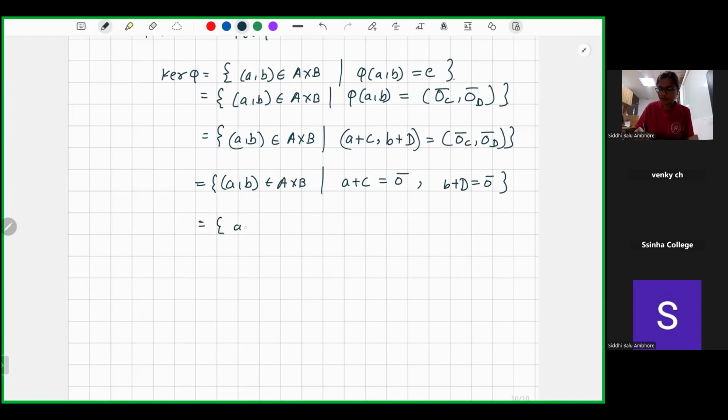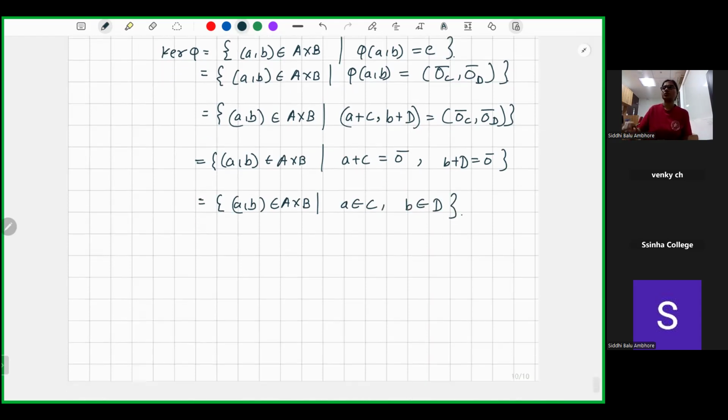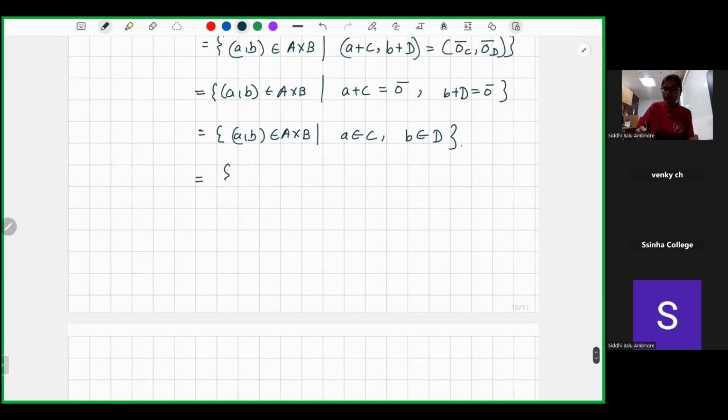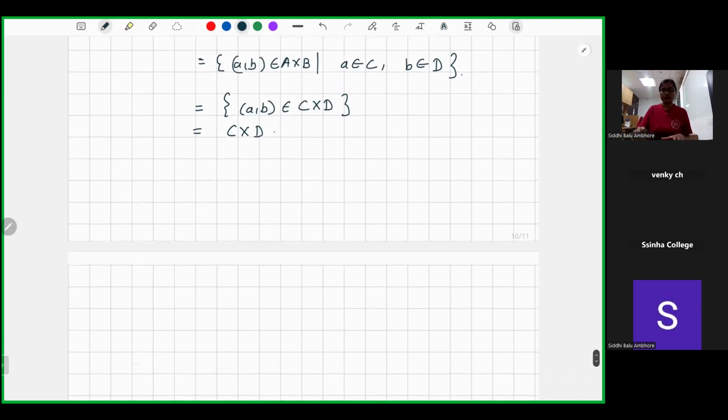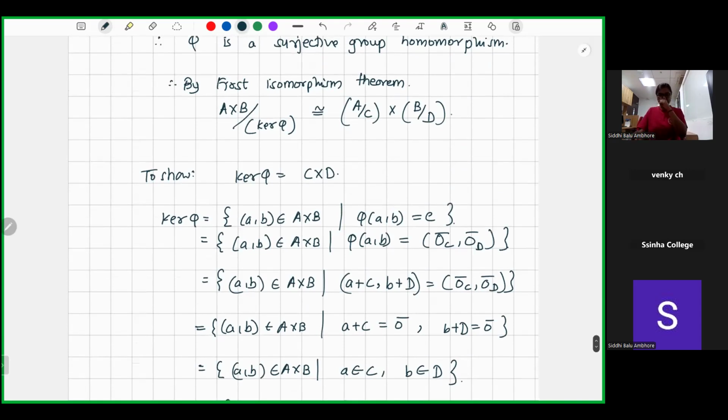This is true only when a belongs to C and b belongs to D, from the definition of the quotients. So this is just (a, b) in C cross D. Okay, so is this okay? I just proved that my kernel is equal to C cross D.